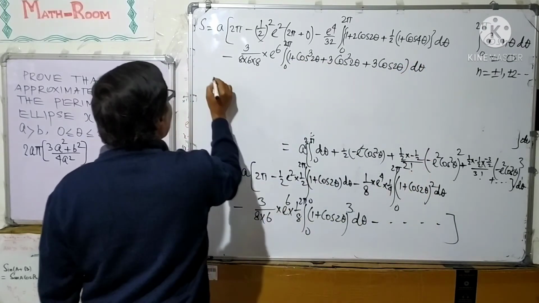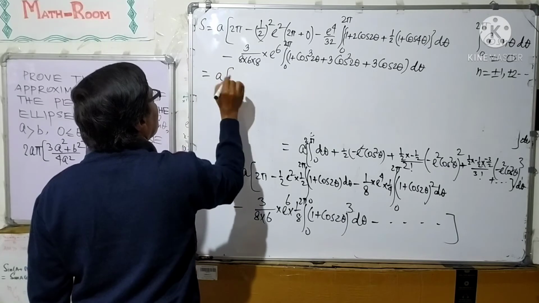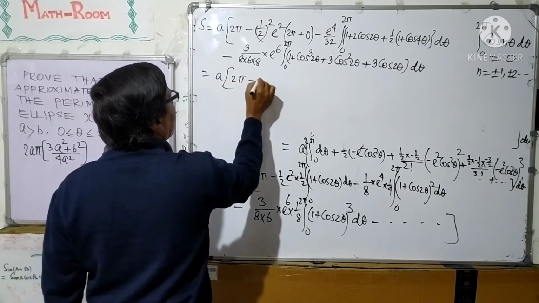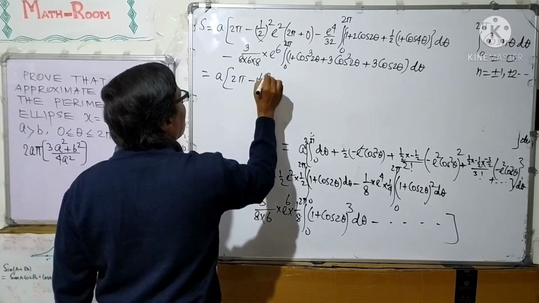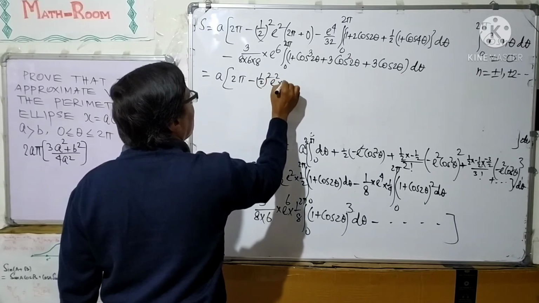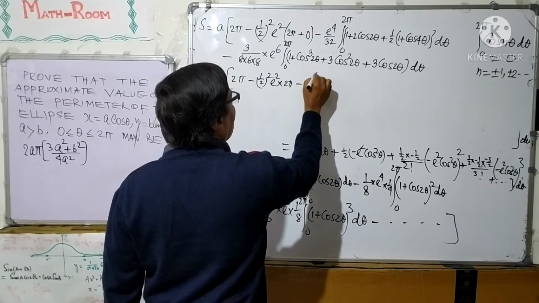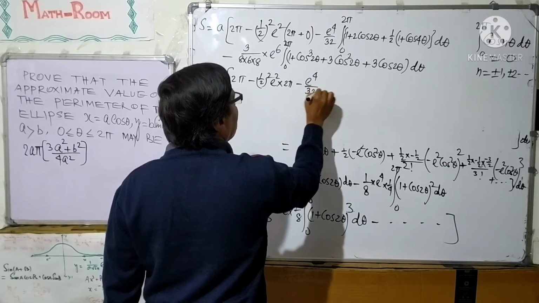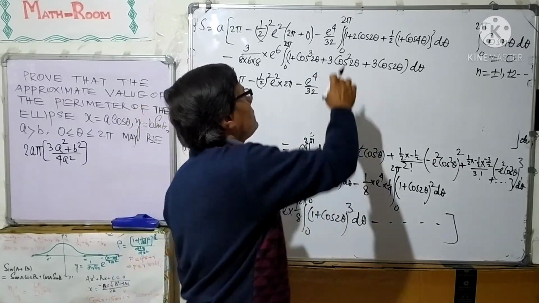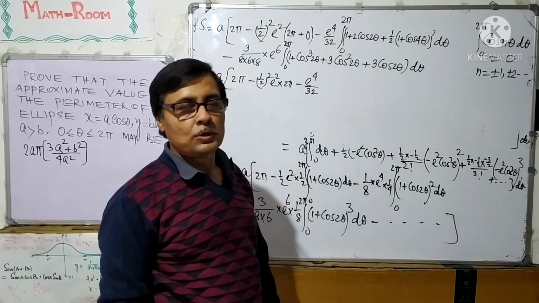This is equal to 2 pi minus e square into 2 pi minus e to the power 4 over 32. This is 0 to 2 pi d theta is 2 pi.